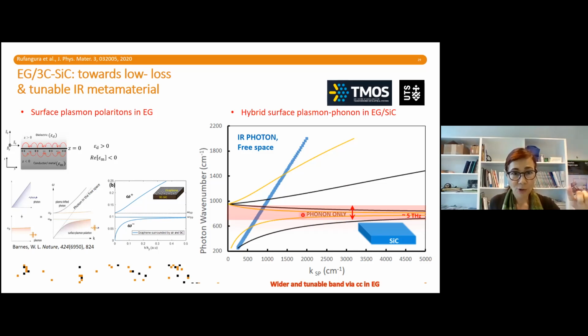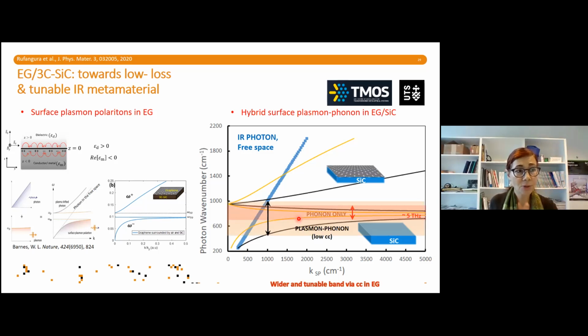But actually, when you start combining, because you can hybridize the plasmon and the phonon response, once you do that, you actually can enlarge the responsivity window of your system.